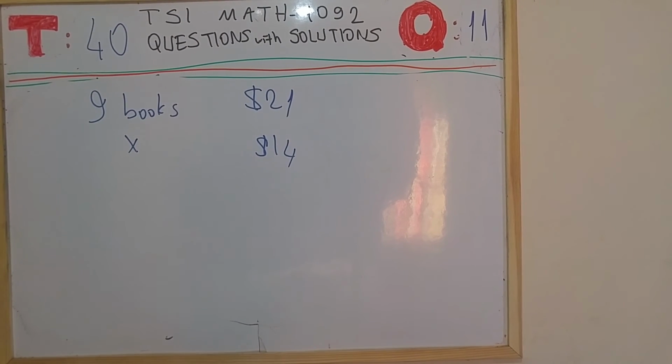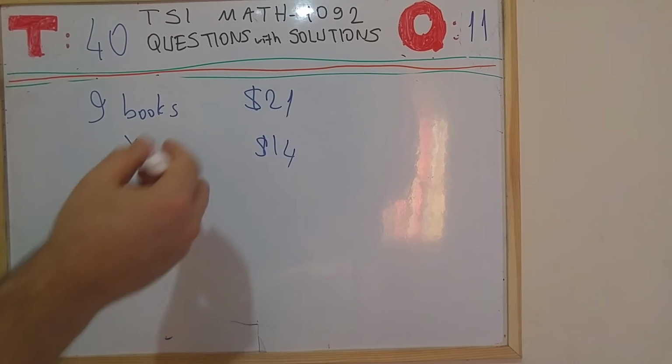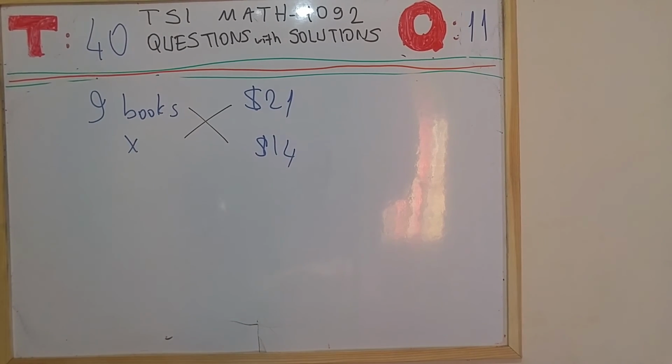The amount of books that could be bought for $14. This must be cross multiplication because we're not finding the multiplication, we're trying to find per cost. That's why we need division.